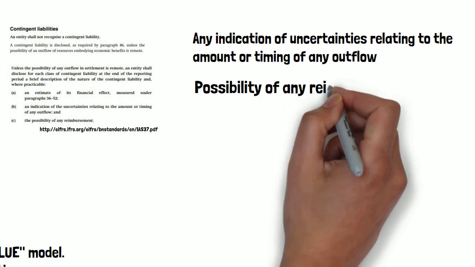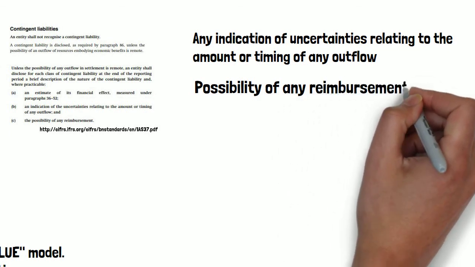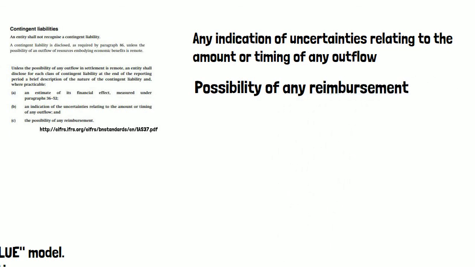It's just making it very clear to the user of the financial information. And then an indication of any possible reimbursement, be that through insurance contracts, be that from clients, whatever it is. Okay, so that is what needs to be disclosed.